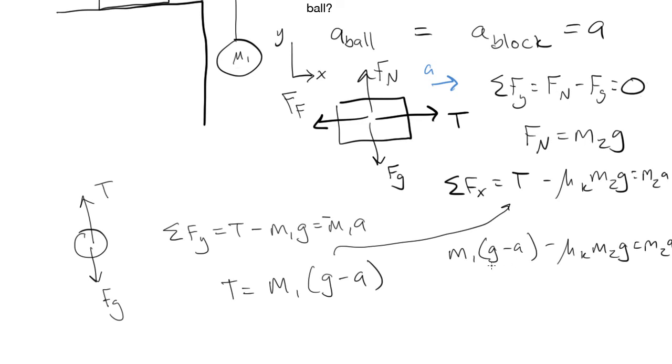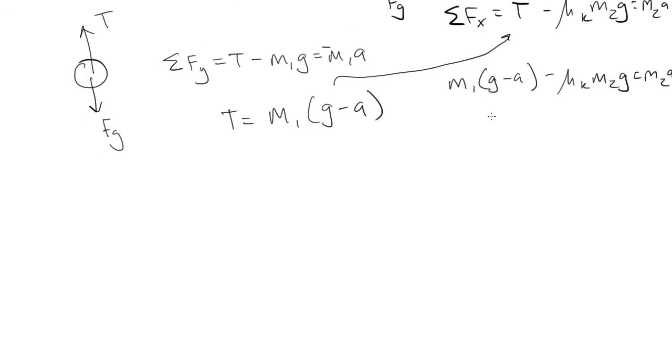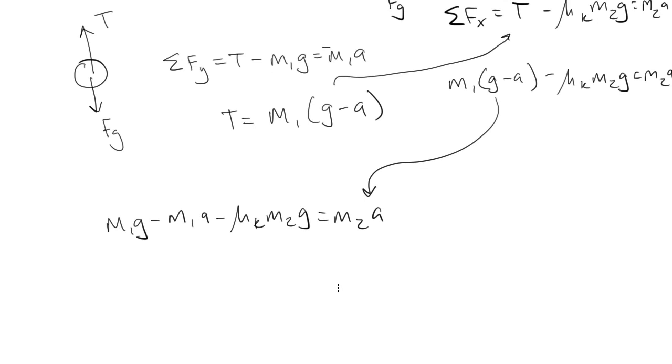I should have done this factoring because it's making life a little bit easier. So I'm going to write out this big equation right here. We're left with M1 G minus M1 times A minus mu sub K times M2 times G is equal to M2 times A. Sorry for all the arrows. All right, that's the full equation.